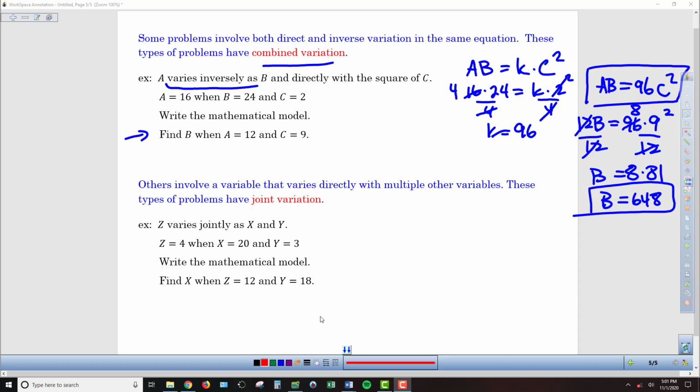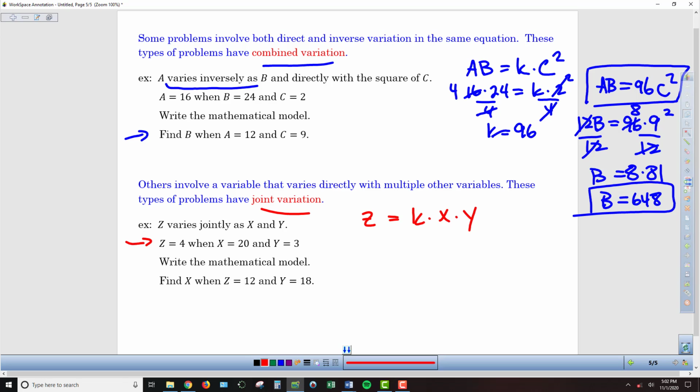And in the last scenario, we have what's called joint variation, where everything is direct with the initial variable. So if it says z varies jointly as x and y, that is implying that it's z equals k times x times y. So it's direct variation for z with both of those variables. So now again, our first task is to find what k equals using the information given here.